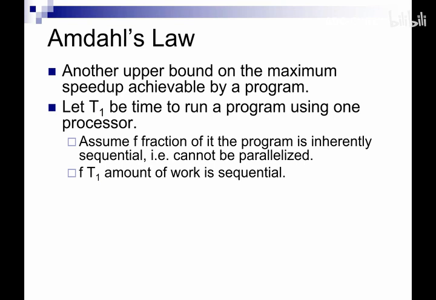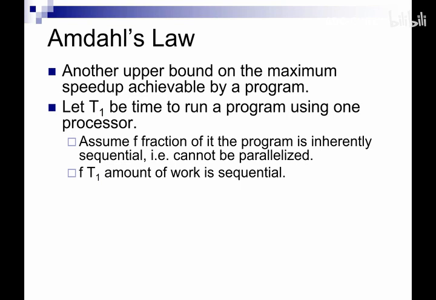Now, we're also going to assume that part of this program is inherently sequential. So no matter what you do, you cannot parallelize a part of this program. There are some things which are sequential, for example Dijkstra's algorithm. This is hard to parallelize, and there are some things that you just have to do sequentially. So we assume that you have an f fraction of this program that you have to do sequentially.